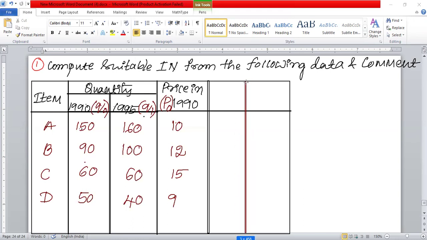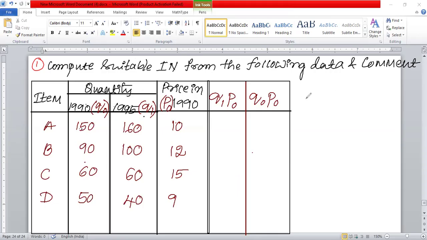Let me check which formula we're going to apply here. Because quantity is given, strictly this is a quantity index number, confirmed. Q1 P0 is possible, then Q0 P0 is possible. Q1 P1 is not possible because the current year price is not given.